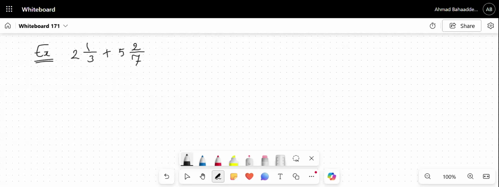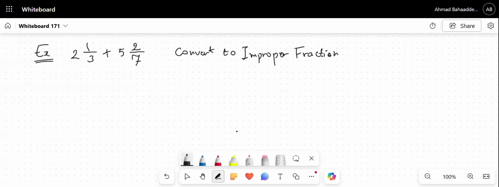The best way of doing these questions is to get rid of the mixed numerals. So convert first from mixed numerals to improper fraction.